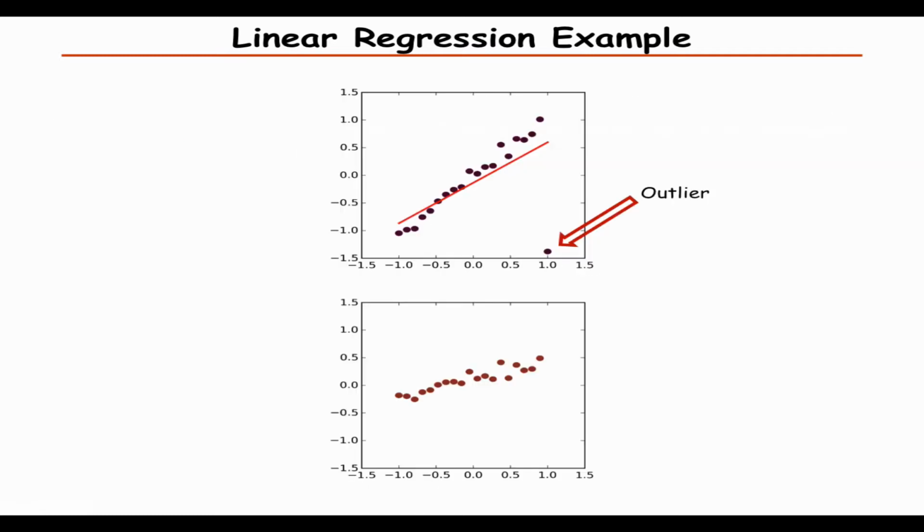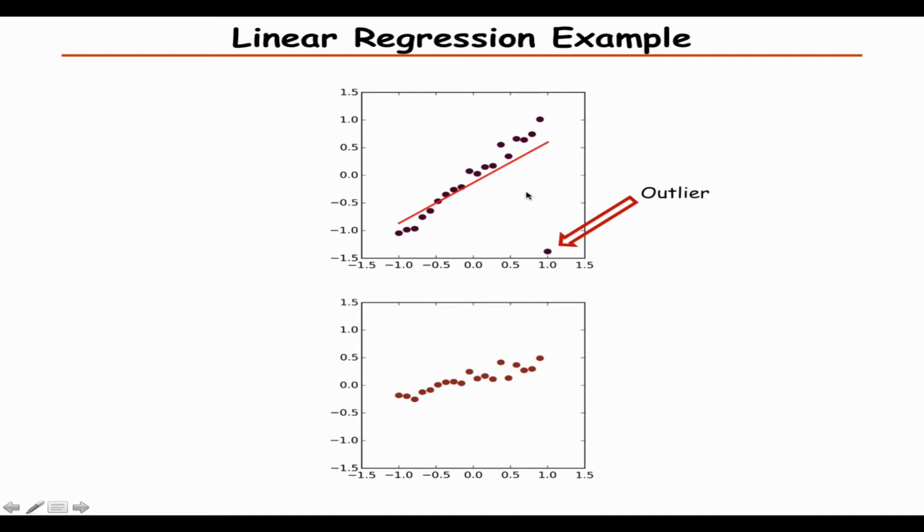So far we've looked at quite well-behaved cases, but let's say that we have an outlier. In this case, our data looks nice and linear with just small errors, but there is one outlier that has a very big deviation.